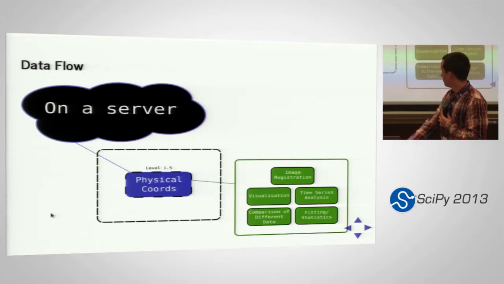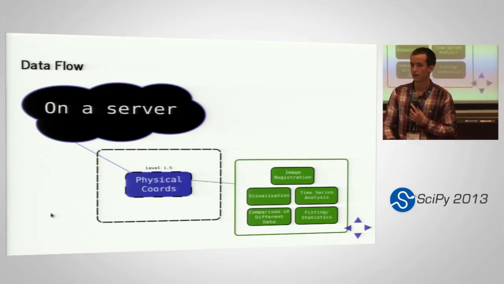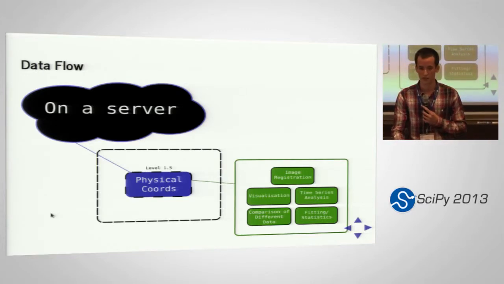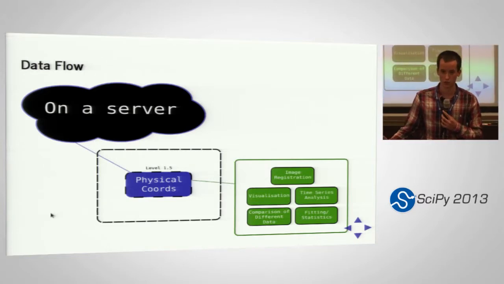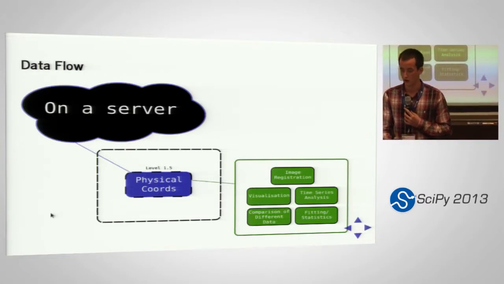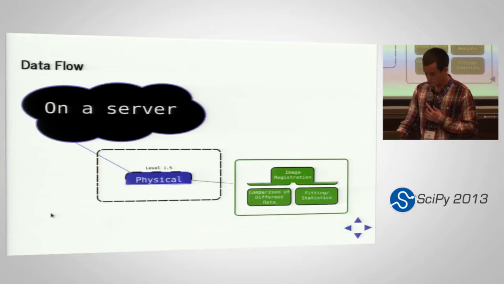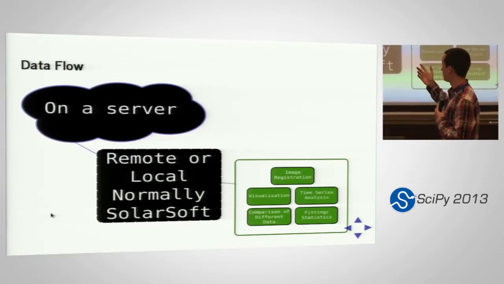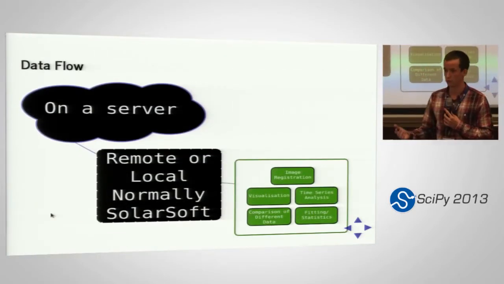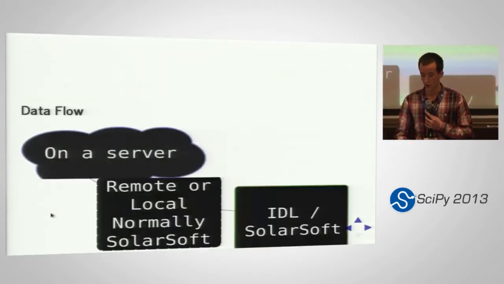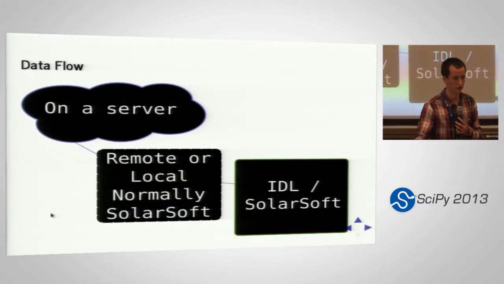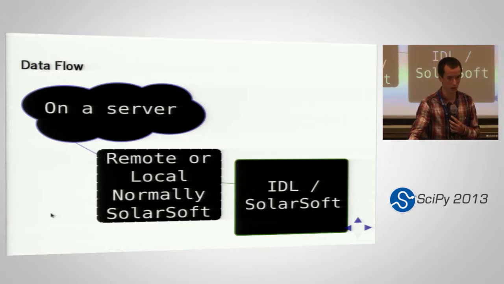Most solar physics data analysis is done in a package called SolarSoft, which is IDL. Most of the server side and the local processing is all SolarSoft, and most people therefore just use SolarSoft for their physical analysis as well.